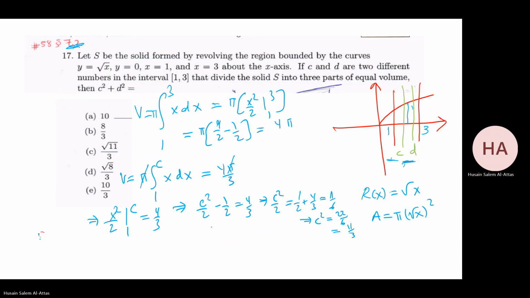I'll do the same now between C and D. I know C now. So what will be the integral? Or I can do D to 3, maybe better. No need to be bothered, because it will be the same. So I know the volumes, call them V1, V2, V3. From D to 3 of pi X dx should still be 4 pi over 3, 1/3 of this. So I have pi times X squared over 2 from D to 3.